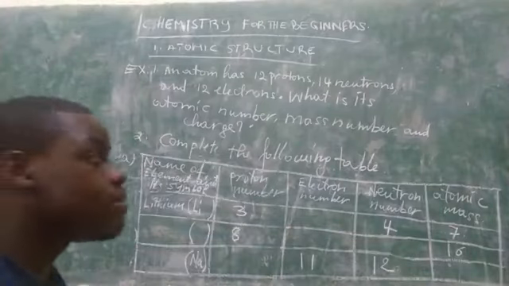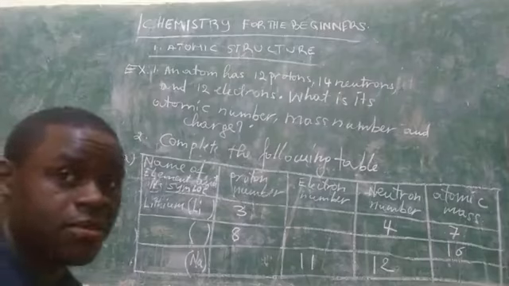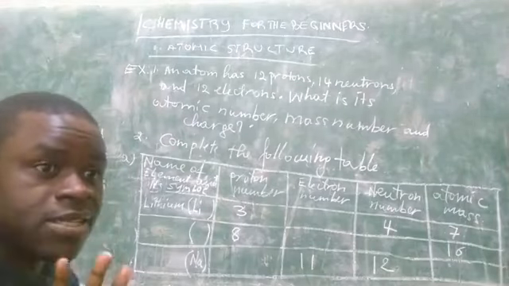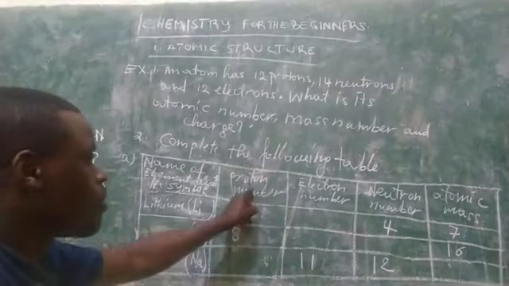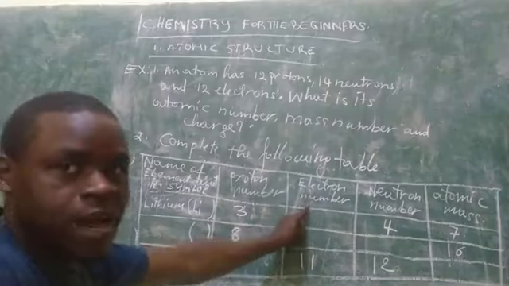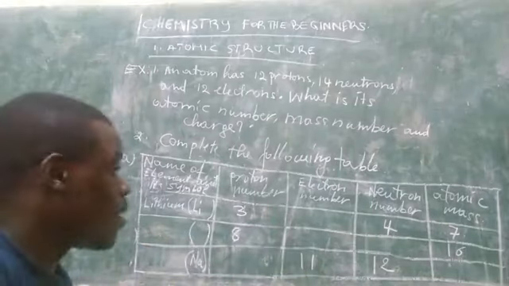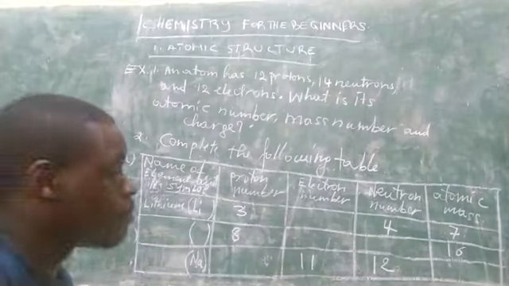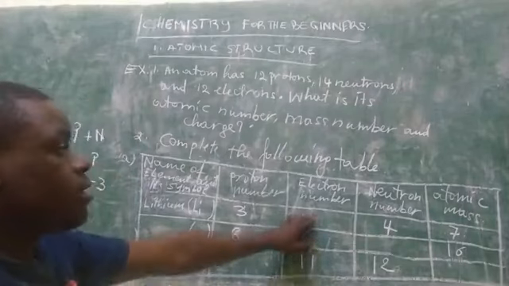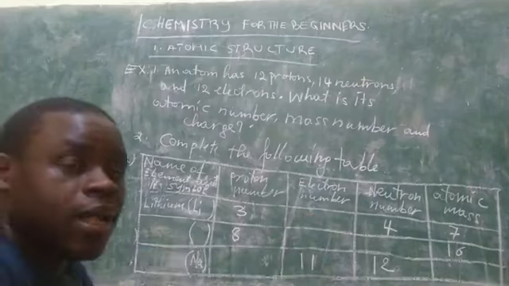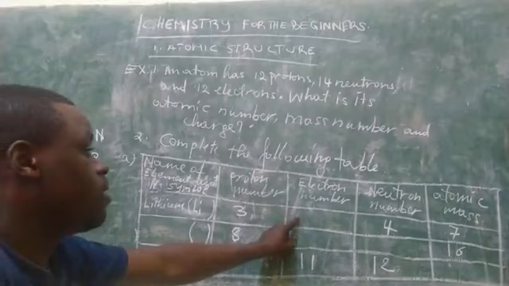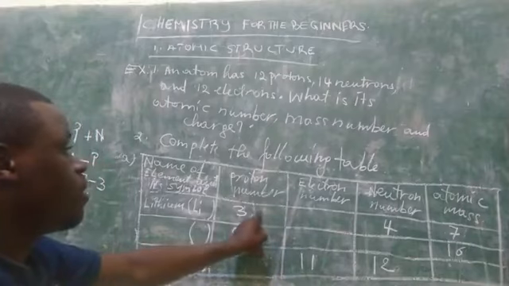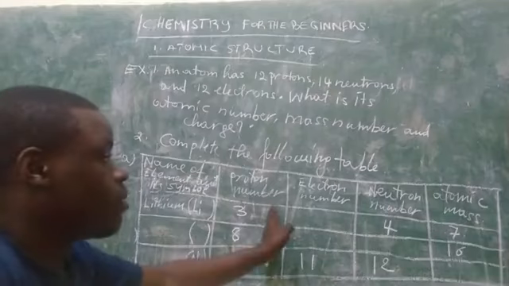The number of electrons, when an atom is not ionized or is in its normal state, it is stable. The proton number is always equal to the electron number. So far we have not yet learned how an atom can be disturbed so that the electron number may be different from the proton number, but that is where we are heading.